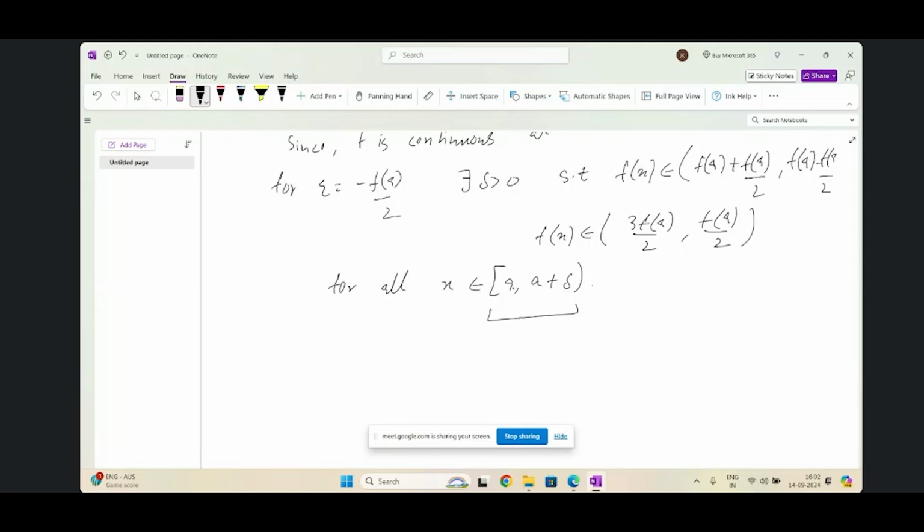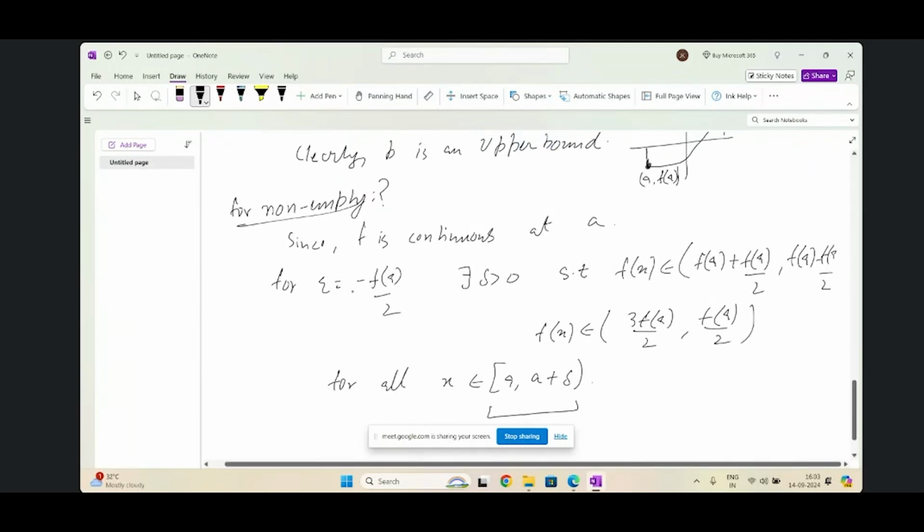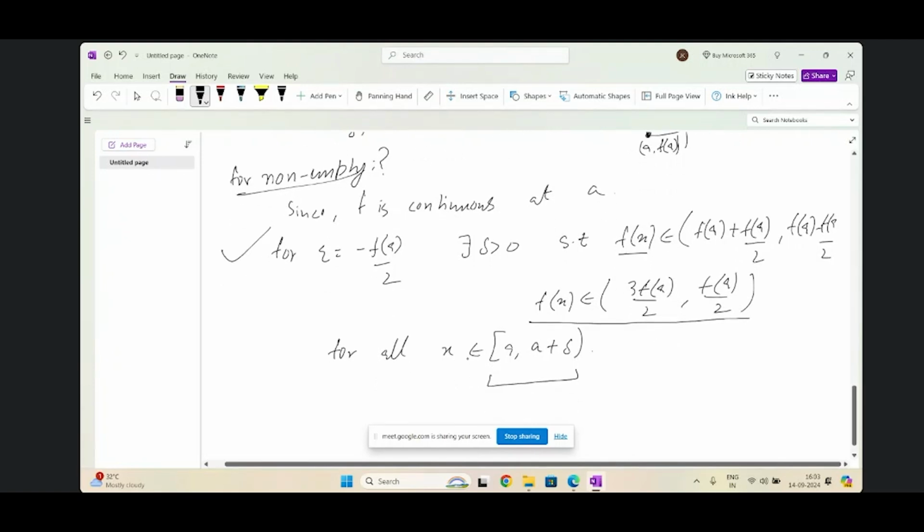You can take the average of these two terms at the endpoints. This is the most basic thing we can do with these two terms, taking the average. Okay, so if you look at this observation, f is continuous, you can find that f(x) belongs to (3f(a) by 2, f(a) by 2) for all x belongs to this.